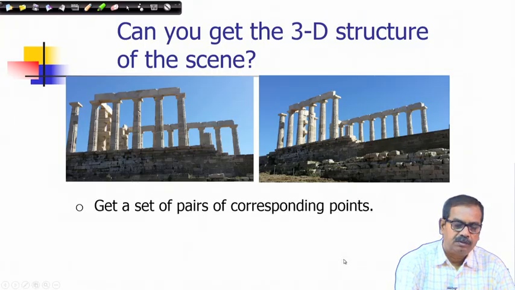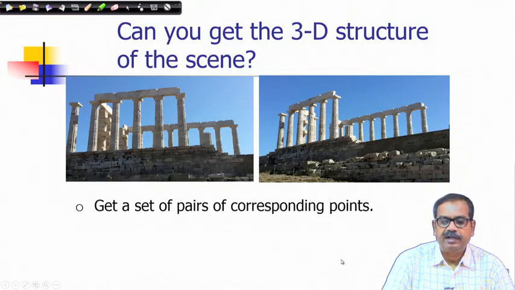So, what can we do? We can get a set of pairs of corresponding points. That is the first thing we should get, and this is a step where we will see that matching is very much required.